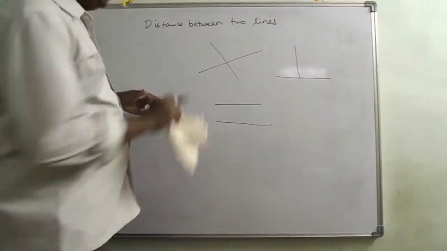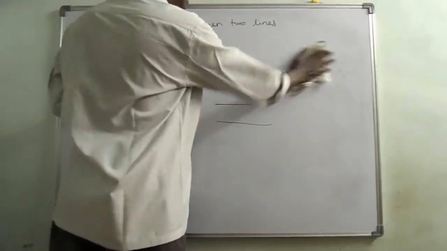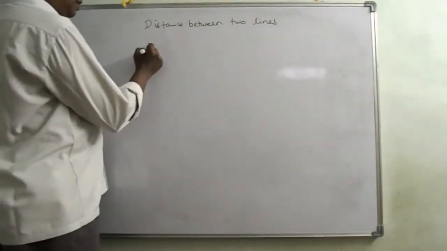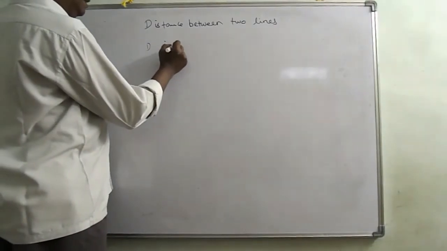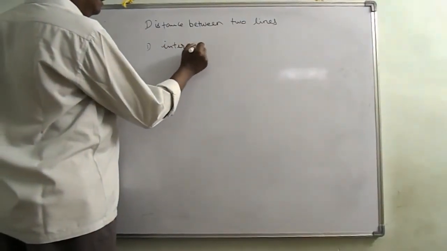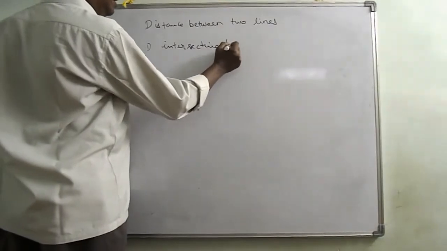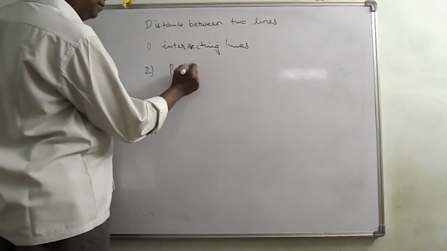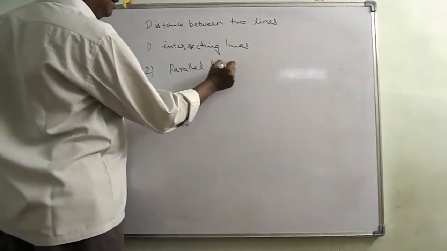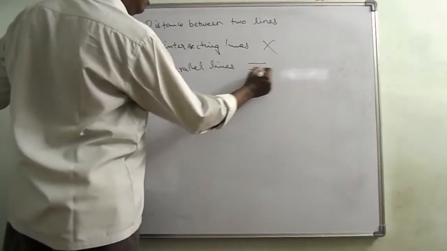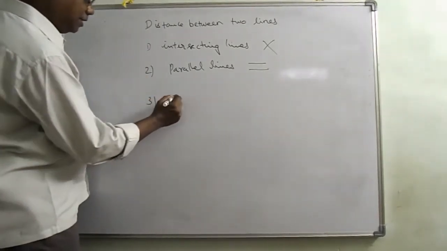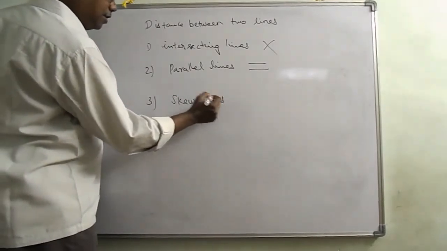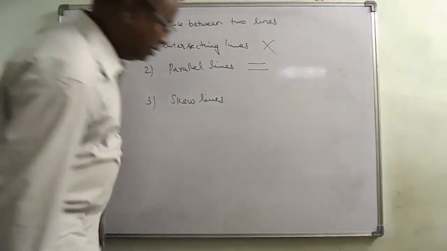So let me write those three. The pairs of lines are in the form of: one, intersecting lines; number two, parallel lines; and the third one, skew lines. The skew lines are neither parallel nor intersecting.